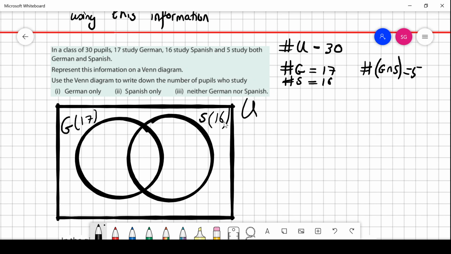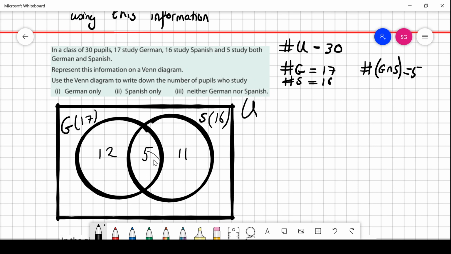There needs to be 16 in total here, 17 in total here, and we need to know that there's 5 here, okay? If there's 5 students already in this section, how many are going to be in this section if the total circle is 16? Well, that's going to be 11, right? Because 16 take away 5 is 11. Same logic here. German, 17 students in total in this full circle, 5 in the center, so 12 outside the center.